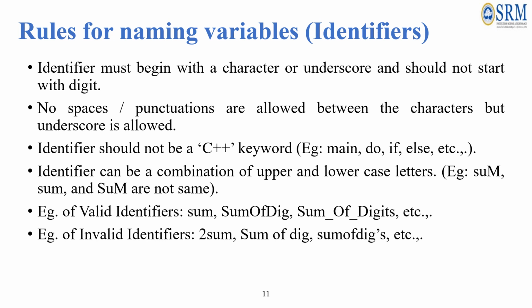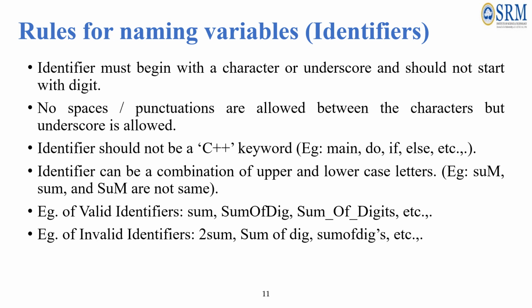Here I have given some examples. All these are valid identifiers, like SU and cabs with a capital M; this is a valid identifier in C++. I have given a list of valid and invalid identifiers. As I said, it should not begin with a digit, so 2sum is not valid since it begins with a digit.